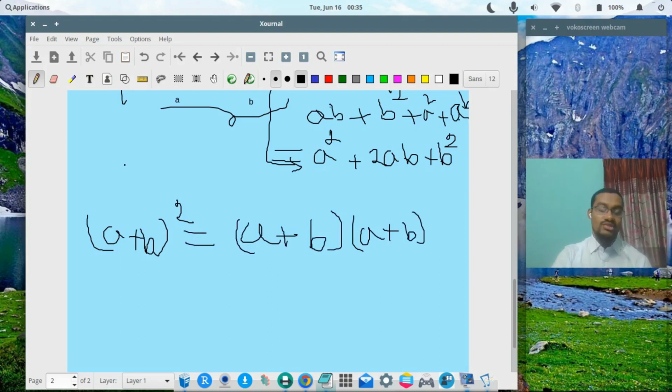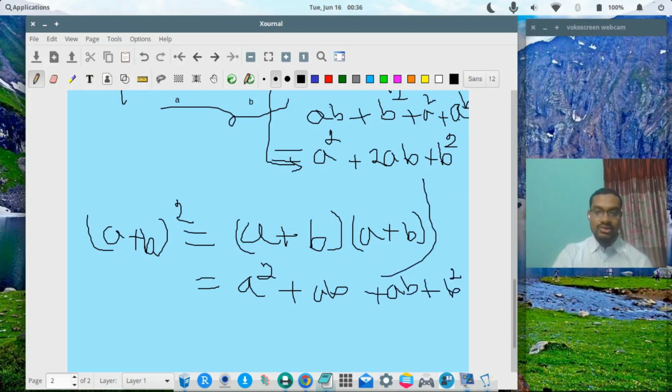Since we know that x² equals x times x, similarly (a + b)² equals (a + b) times (a + b). Now we can write this as a times a, which is a², a times b is ab, b times a is again ab, and b times b is b². So again we get the original formula.